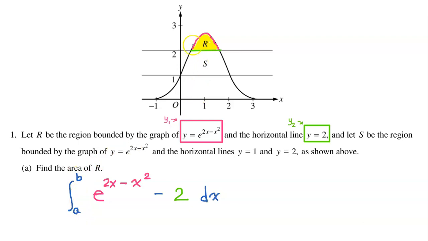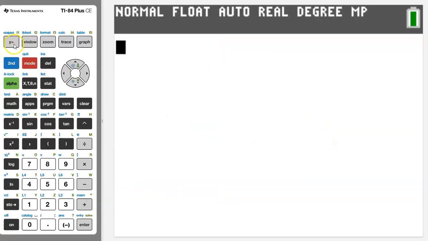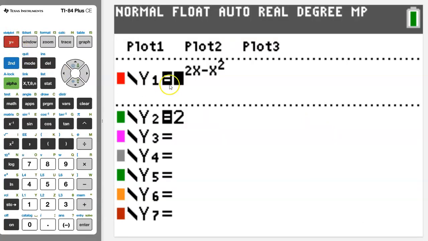So we need to know where the region begins and where it ends. Let's use the graphing calculator to find the intersection points between the red function and the green function. So let's type e to the 2x minus x squared into y1, and let's type 2 as y2. Hit y equals and type in the two equations.